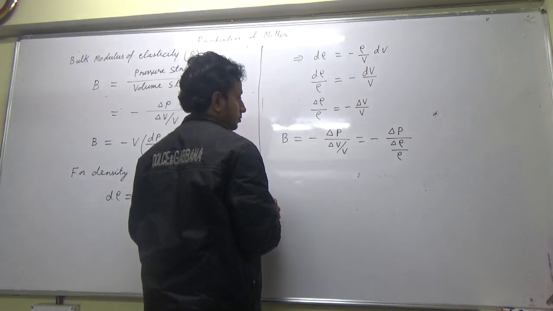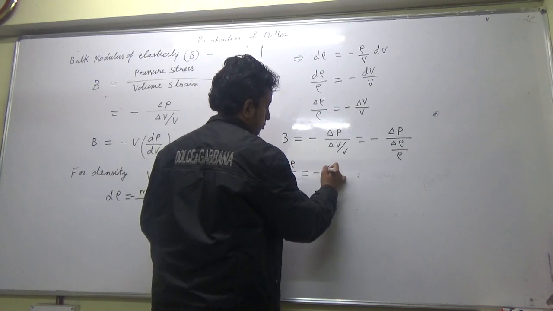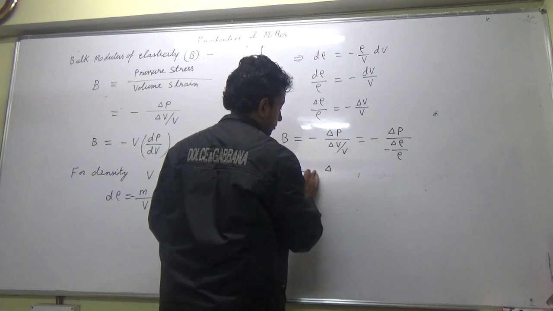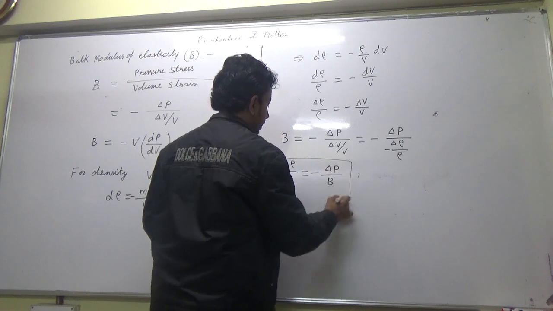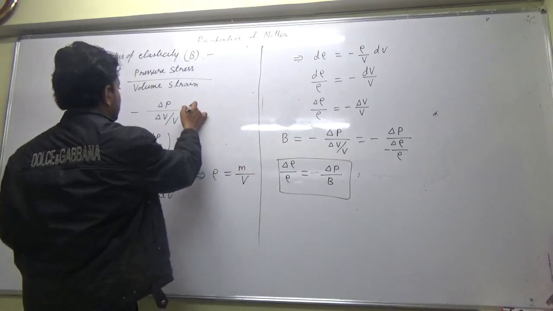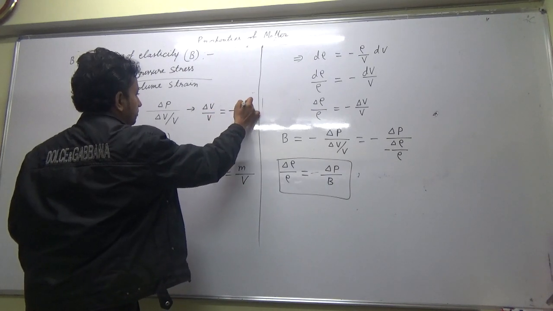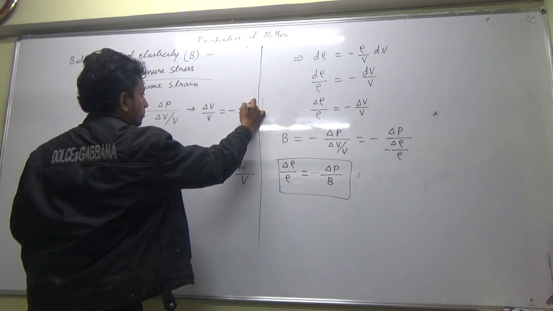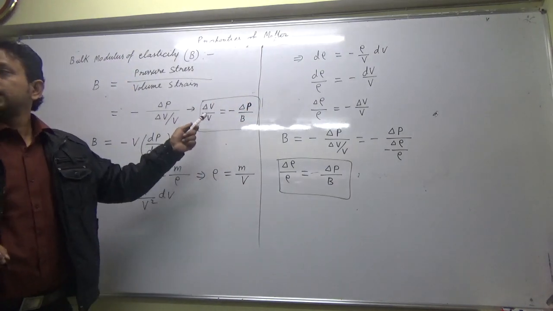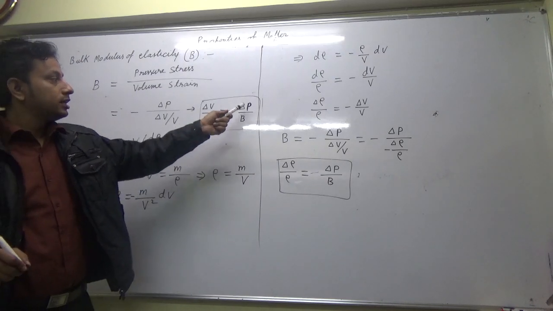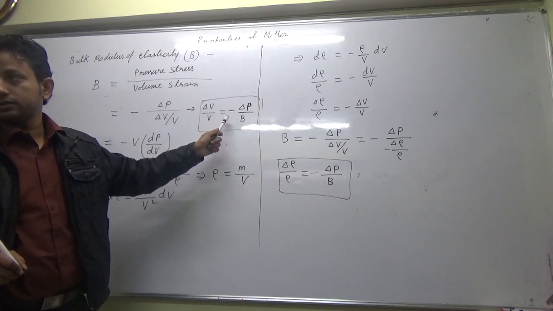So next we can write minus minus plus हो जाएगा. So this is the thing which we can write here. And यहाँ पर हम लिख सकते थे del P by B. देखो, compare these two equations. Fractional change in volume is equal to change of pressure divided by bulk modulus with minus sign.